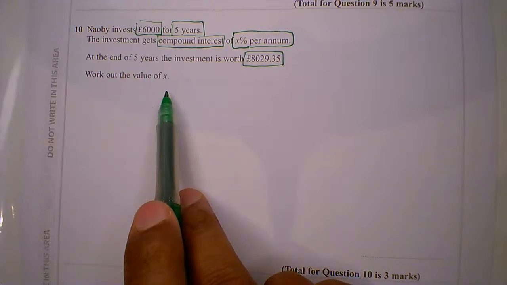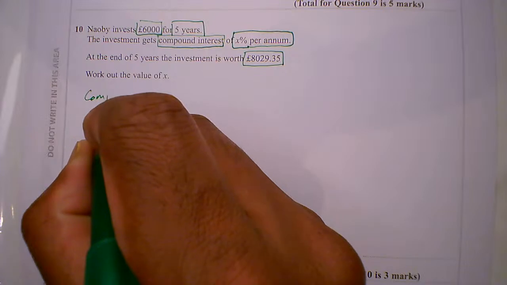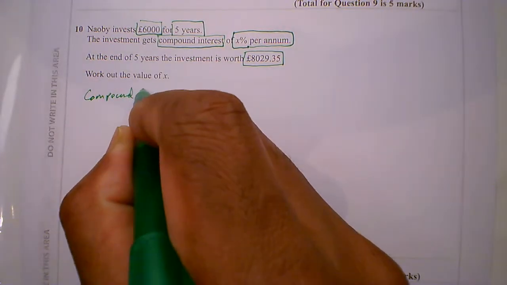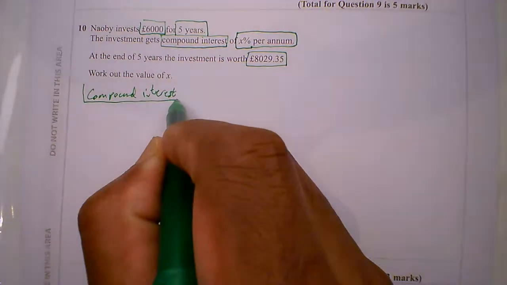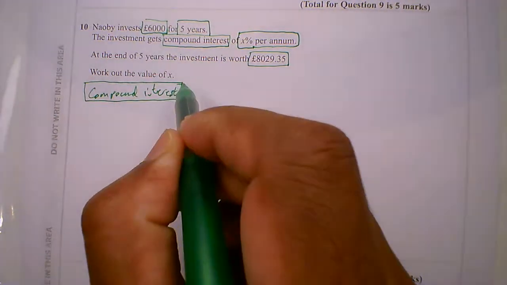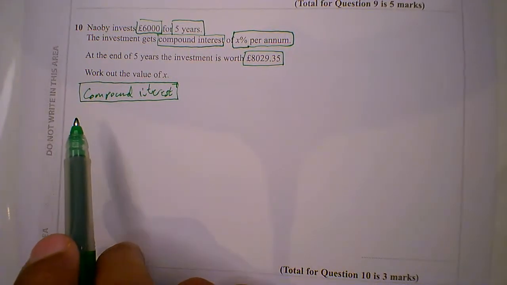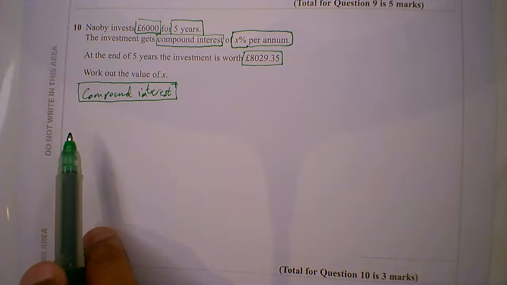We've got to work out the value of X. Compound interest is a topic that comes up every year in an exam. So this is one of those must-revise topics. It will come up in paper 2 or paper 3, the calculator papers.